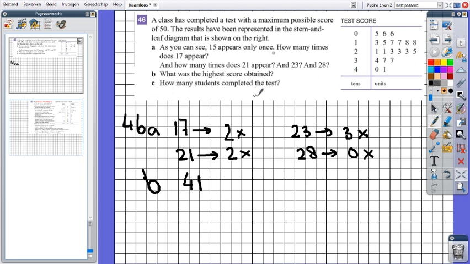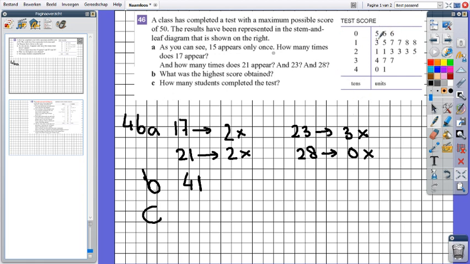And now, how many students completed the test? Right, so if you want to know this answer, you have to take a look at how many scores appear in the stem and leaf diagram as a whole. And in this case, you should just count the units.